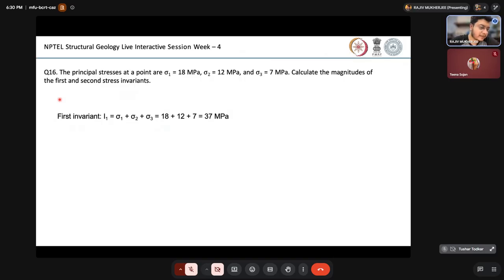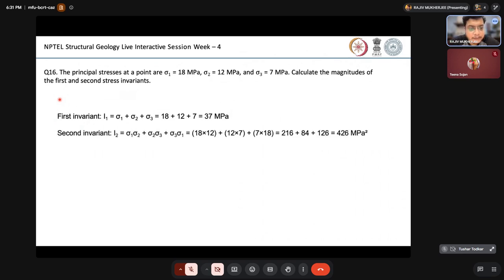So I2 will be essentially sigma 1 into sigma 2 plus sigma 2 into sigma 3 plus sigma 1 into sigma 3, right? So that is how you calculate the second stress invariant.